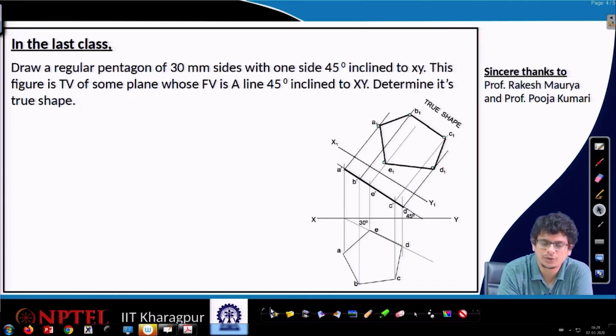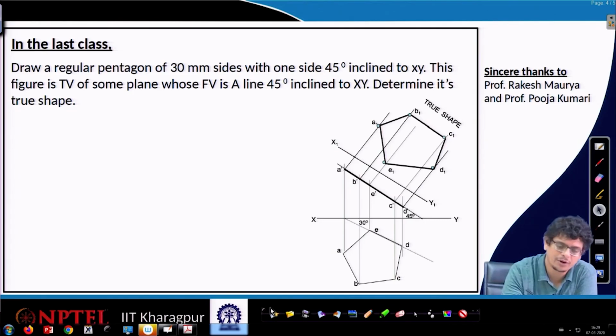After that, we draw a true shape from this view, because the auxiliary plane concept is useful when front views and top views are given, but these front views and top views may not give the true length information.